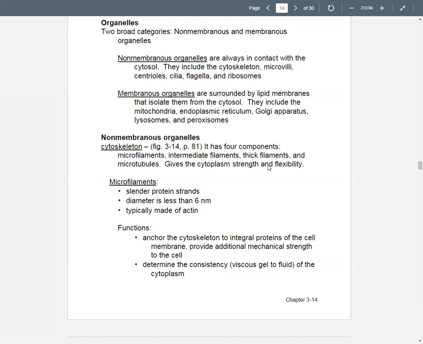The microfilaments are thin strands of protein. They're usually made up of actin, very small diameter. They serve as anchors for integral proteins, connecting them to the cytoskeleton.